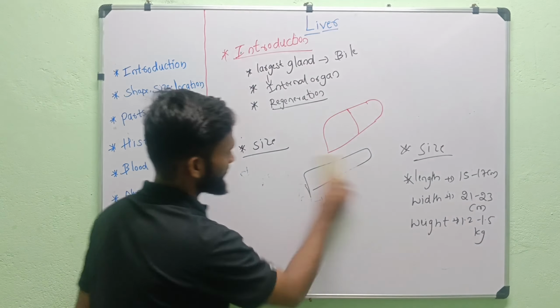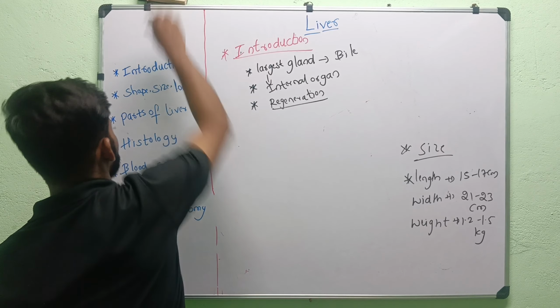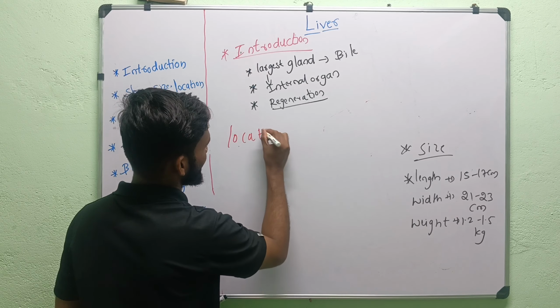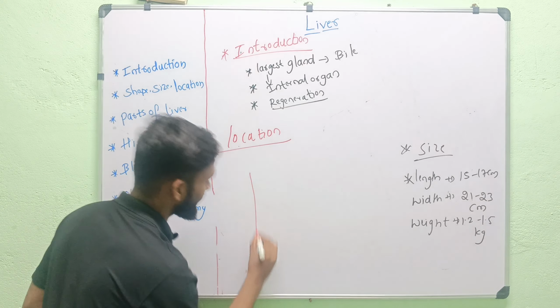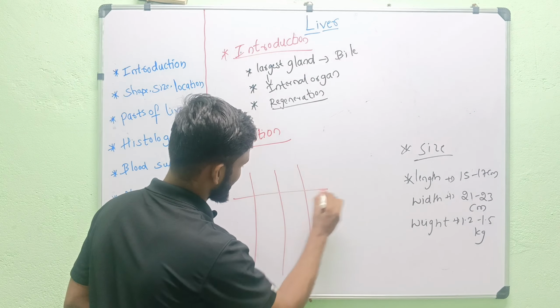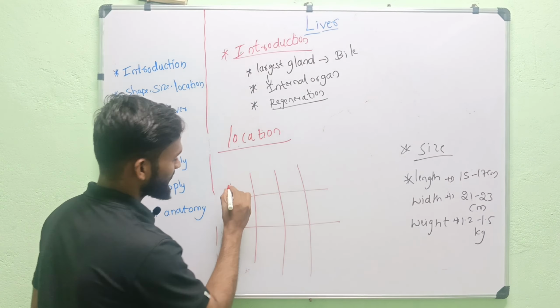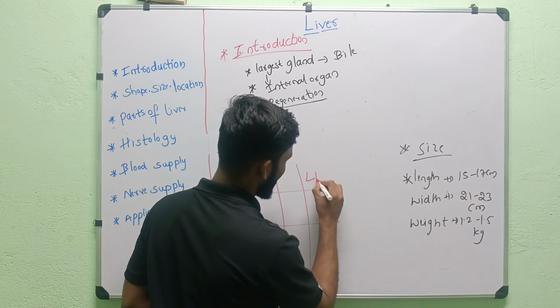Next we are going to discuss about the location of your liver. We are going to locate the liver in the abdominal quadrants. This is known as right hypochondrium, and this is known as left hypochondrium.